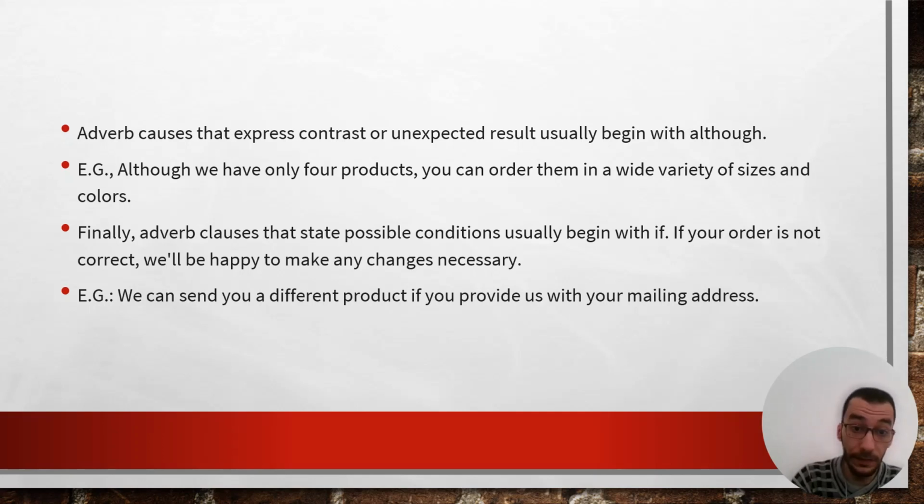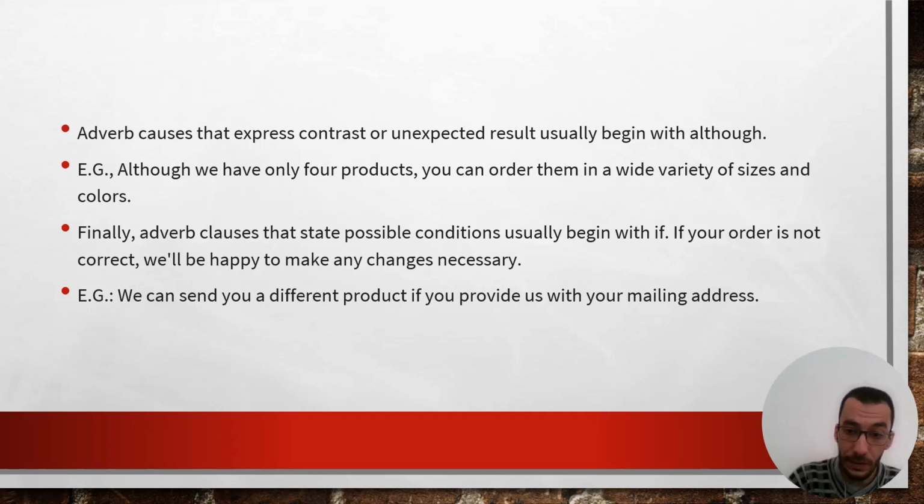Finally, adverb clauses that state possible conditions usually begin with if. We use the adverb clause for possibility or permission. If your order isn't correct, we will be happy to make any changes necessary.